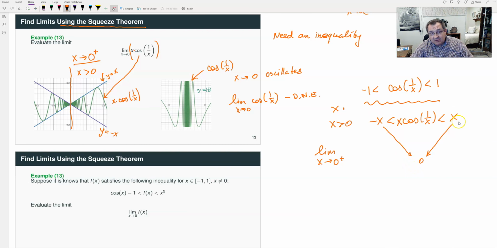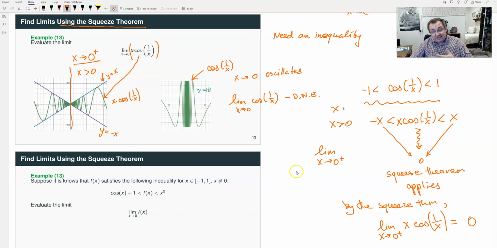When both sides of the inequality go to the same limit, that is when the squeeze theorem can be applied. By the squeeze theorem, the function in the middle has no other way but to also have a limit, and that limit will be the same as for the function on the left and on the right of the inequality.